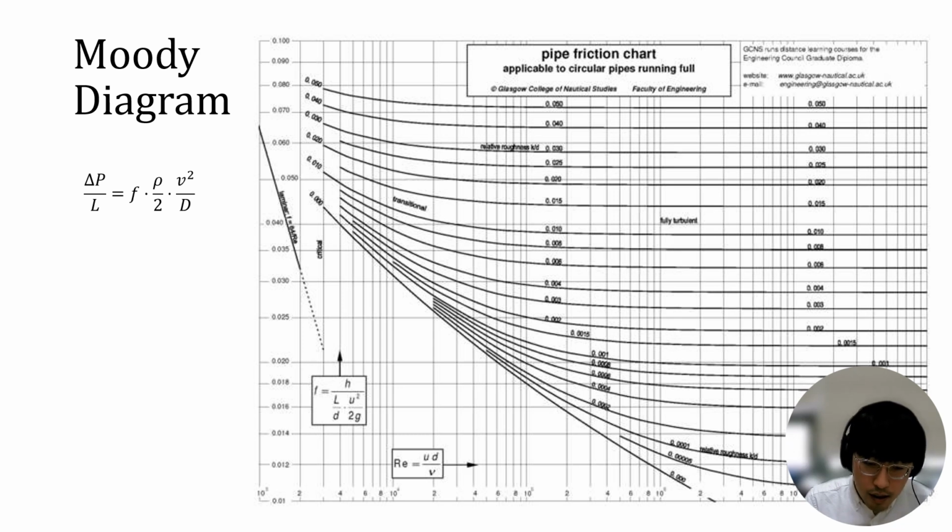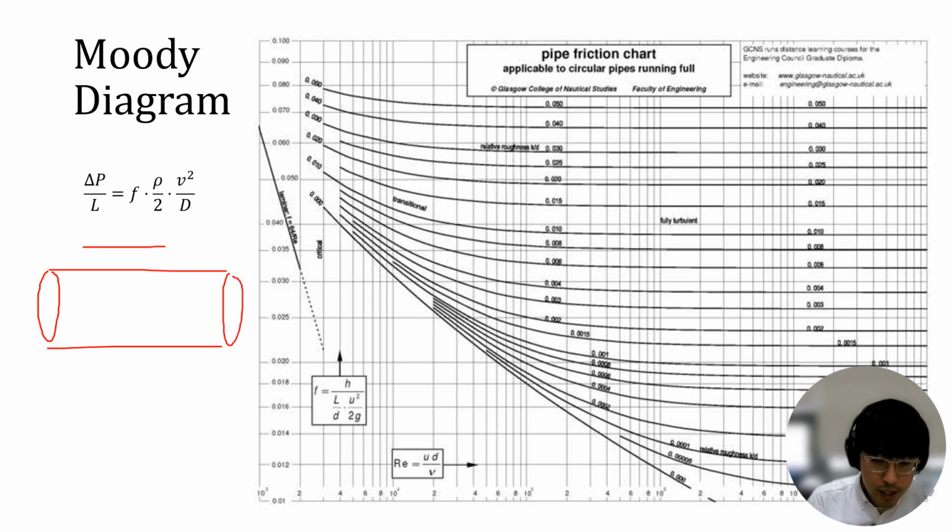Okay, let's say we have a pipe here, and the flow goes from the left to the right. Of course, the boundary of the pipe is going to be almost flat, but it's not perfectly flat.